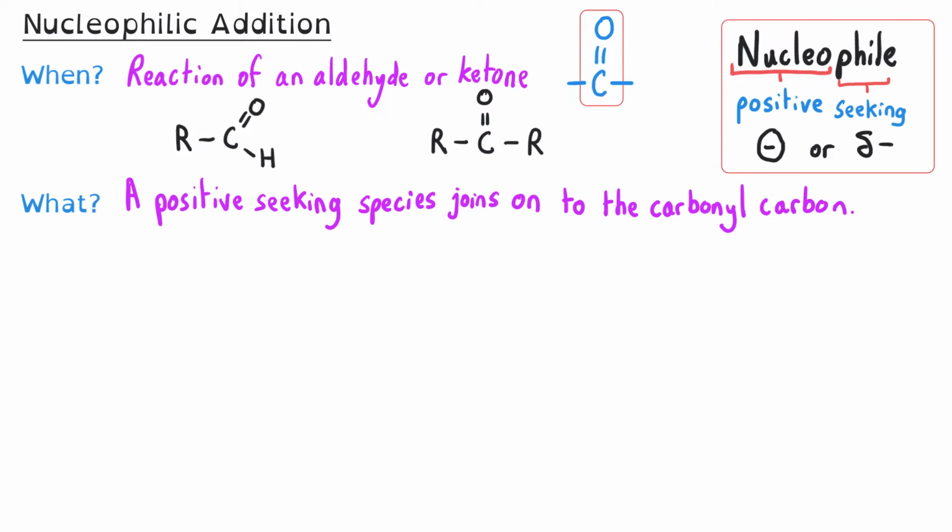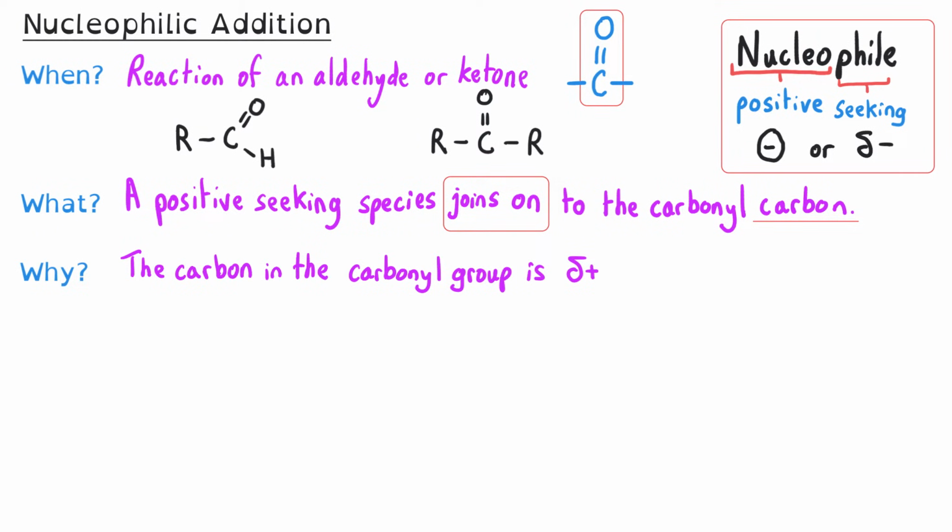And so what happens in a nucleophilic addition mechanism is that a positive seeking species, the nucleophile, joins on to the carbonyl carbon atom. And the reason that this happens is that the carbon in the carbonyl group is partially positively charged, or delta plus.